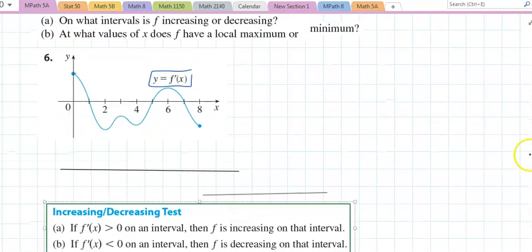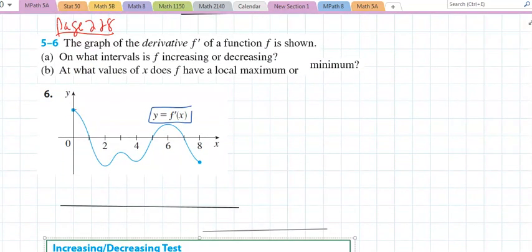So since this is the derivative, I need to know where the derivative equals 0, right there. So again, this is not f, this is f prime. At 3, I'm sorry, that's not 3, that's 5. And at 7. At those points.